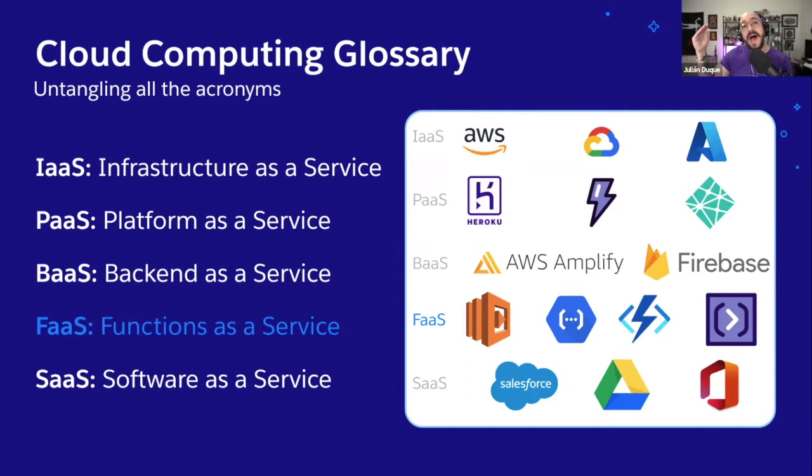We have IaaS, or infrastructure as a service, which is the bare bones of cloud computing. It's where you can start creating servers, defining network configuration, and specifying the type of databases, operating systems, and pretty much all the backbones of your cloud applications.